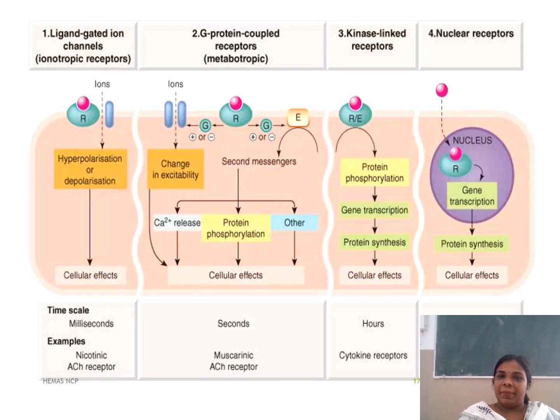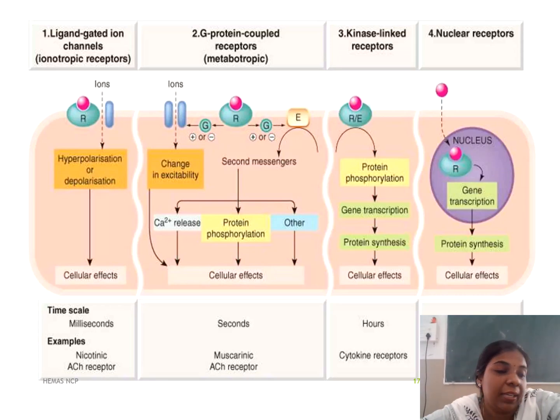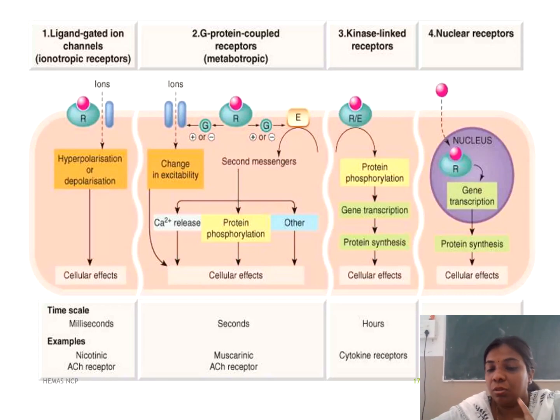Kinase linked receptors. These receptors possess intrinsic enzyme activity or are associated with kinases. They are usually involved in growth, metabolism, cell regulation, etc. The ligand binds to the receptor, dimerization occurs, phosphorylation occurs, a signal cascade follows, leading to gene transcription or protein synthesis.